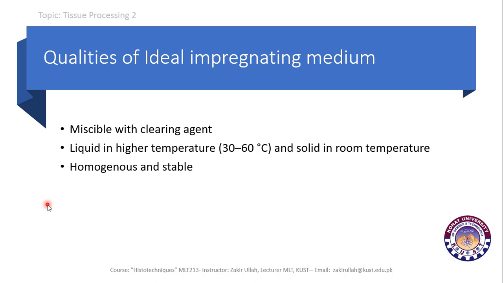The stability of the impregnating medium is also important, because it must not react with the antigens, ions, and charges present within the tissues, so that the tissue structure is not disturbed.